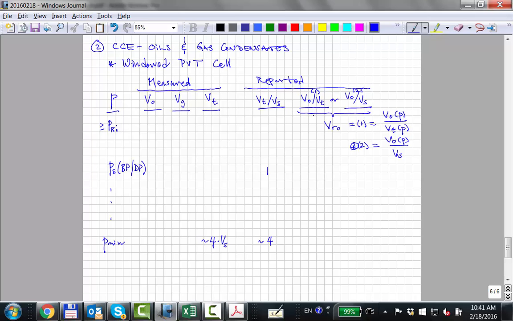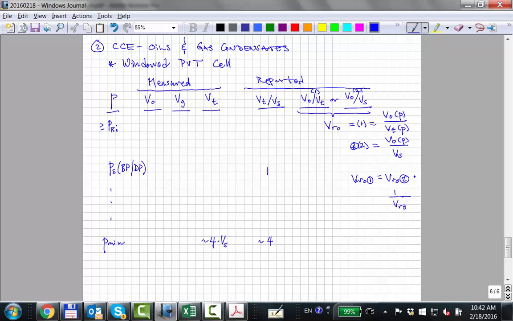Now, if they give you one and they give you this ratio of total to saturation, you can convert. VRO1 is VRO2 times 1 over VRT. So you can get the VRO2 if you want it. You just divide this.